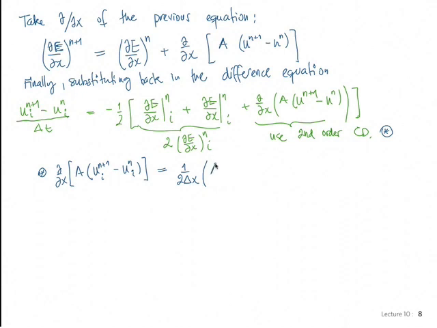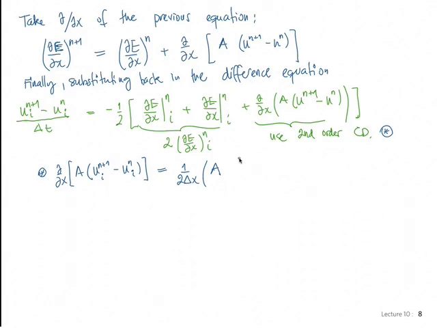So this is for the first term, for this product over here, at i. A second order central difference will require points at i plus 1 and i minus 1.